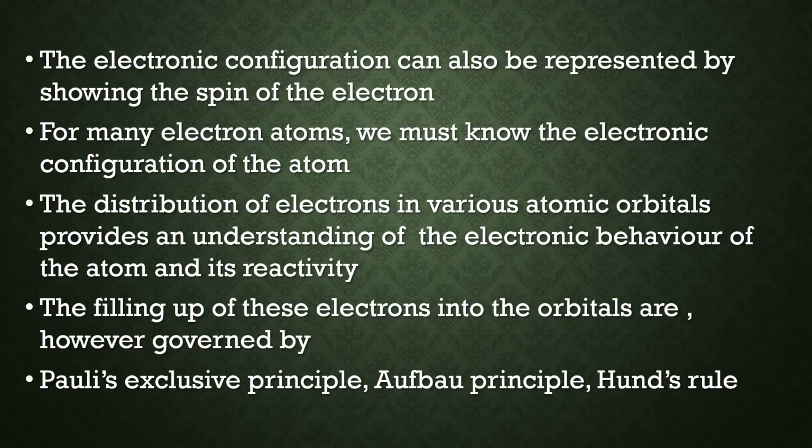The filling up of these electrons into the orbitals is, however, governed by Pauli's exclusion principle, Aufbau principle, and Hund's rule. What are the rules involved in electronic configuration? Pauli's exclusion principle, Aufbau principle, and Hund's rule.